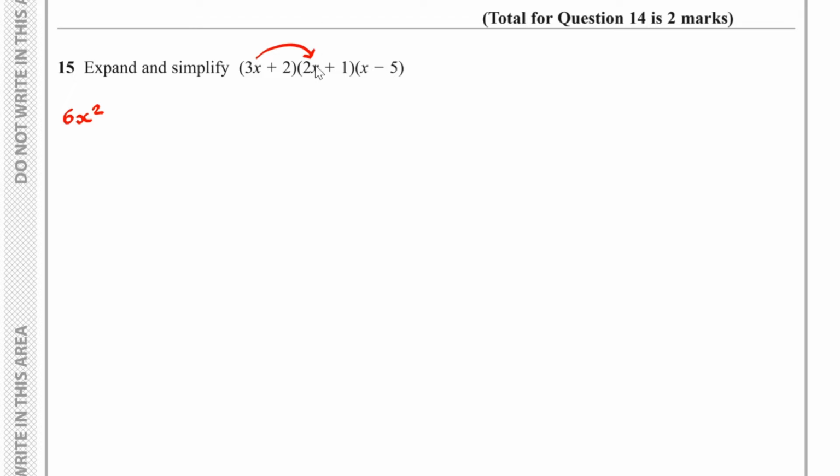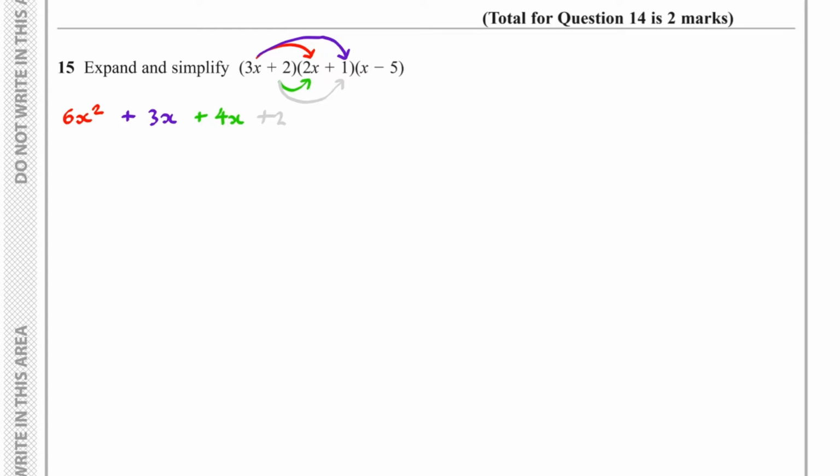And then we've got 3x times by 1, which is 3x. And then we've got 2 times by 2x, which is 4x. And then we've got 2 times by 1, which is 2.